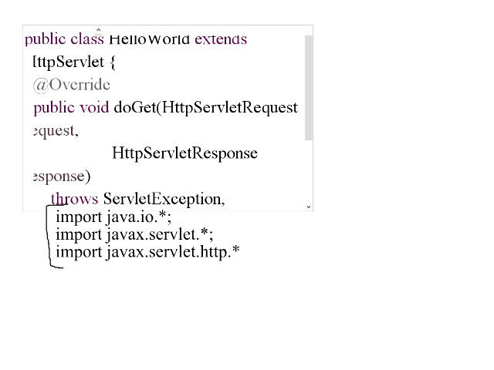After that, import javax.servlet.* and javax.servlet.http.*, because we will use HttpServlet. So you have to write 3 lines: import java.io, javax.servlet, and javax.servlet.http.